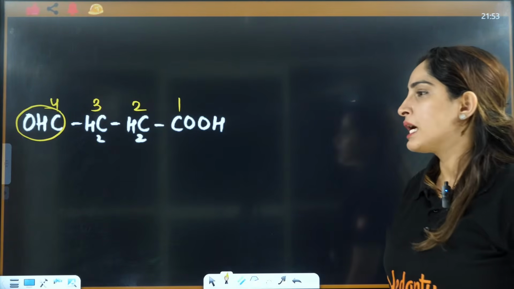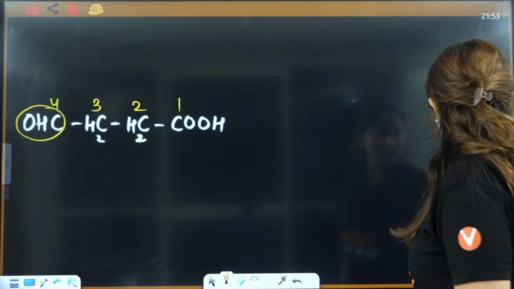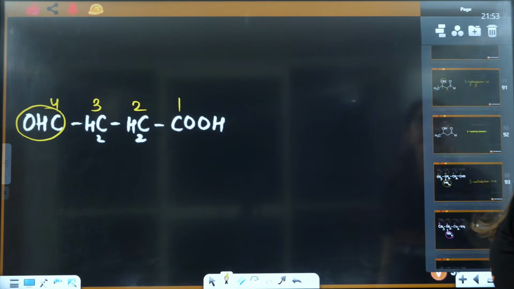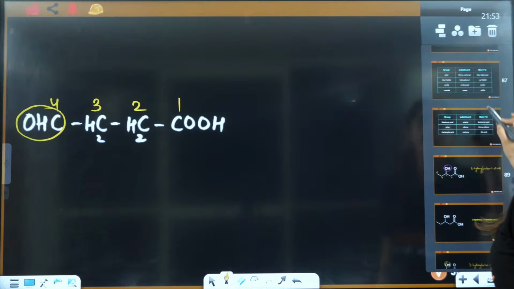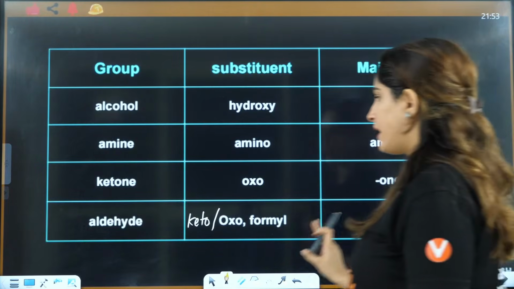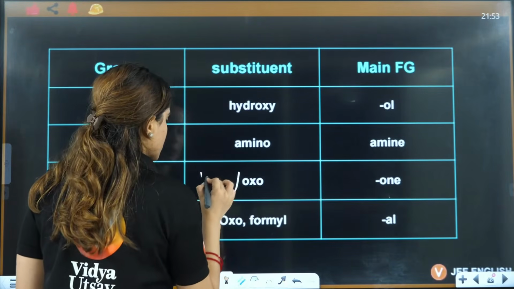Now, do you remember I told you that aldehyde can have two names? Keto, oxo, aldehyde, keto will be here.